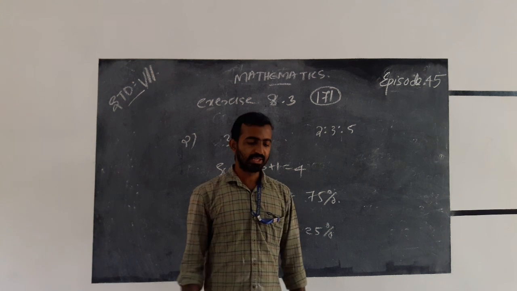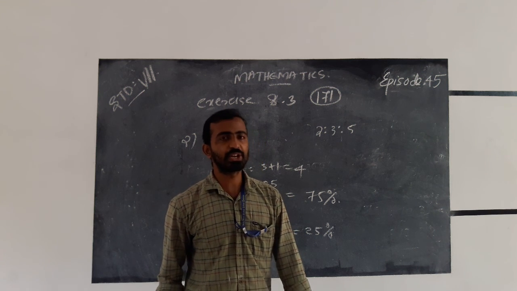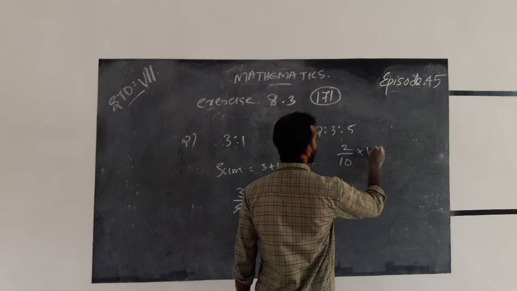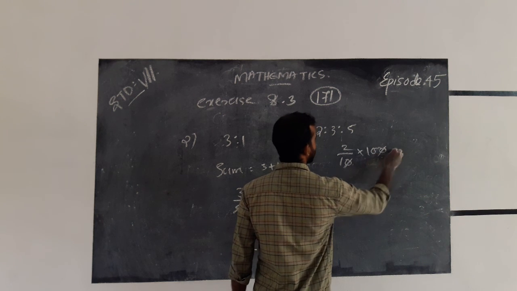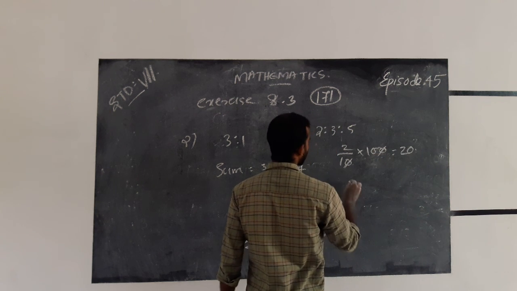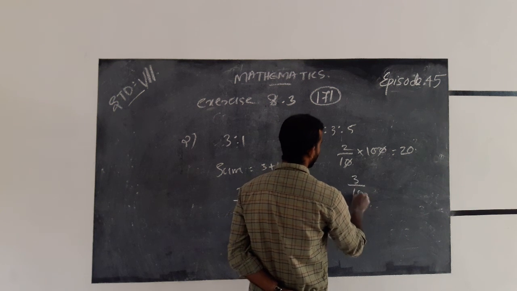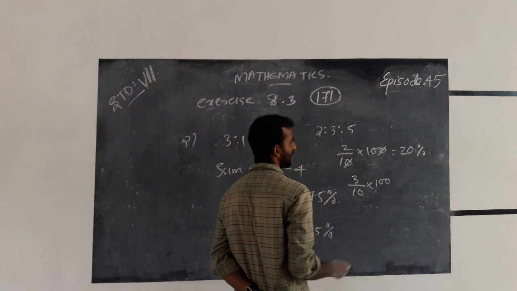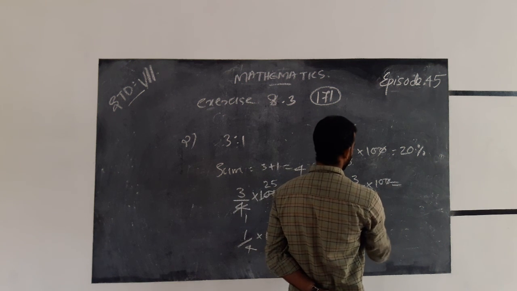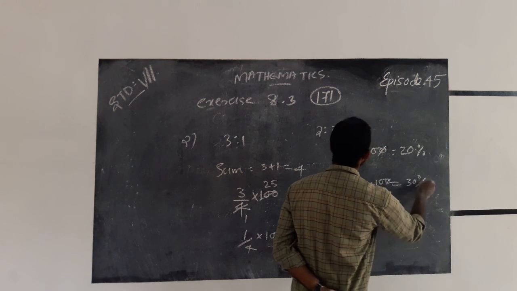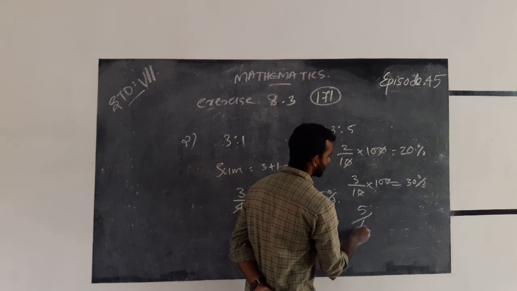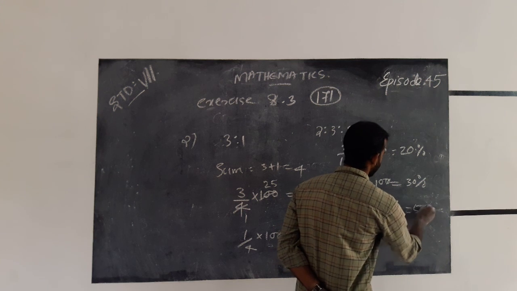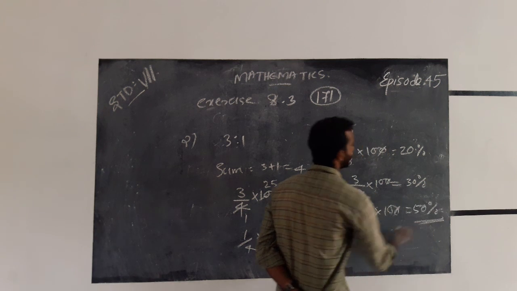Then the first part of the ratio is 2 by 10 into 100, we get 20 percentage. The second part is 3 by 10 into 100, that is 30 percentage. And the third part is 5 by 10 into 100, we get 50 percentage.